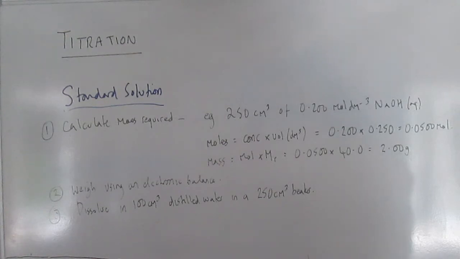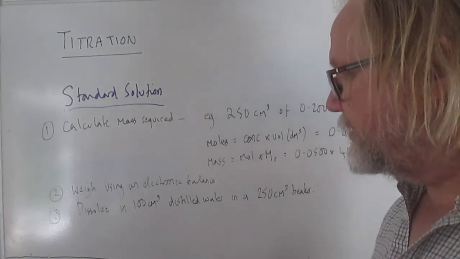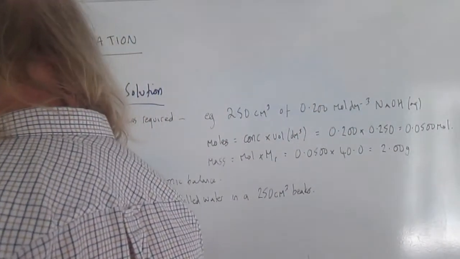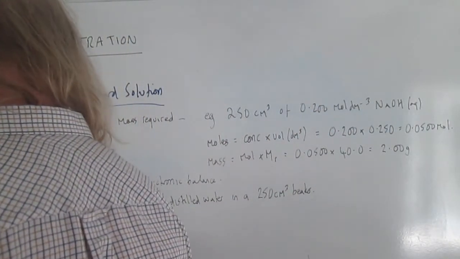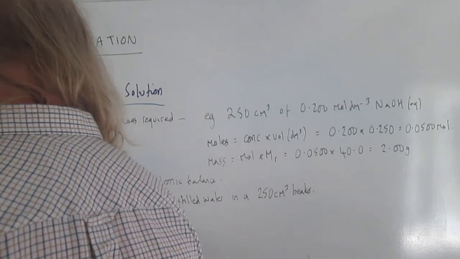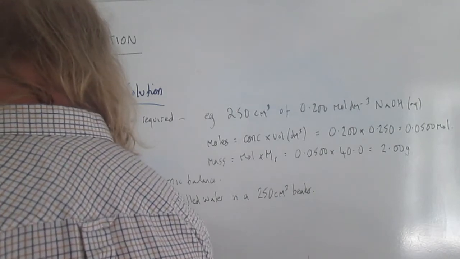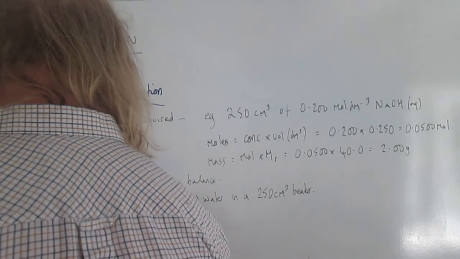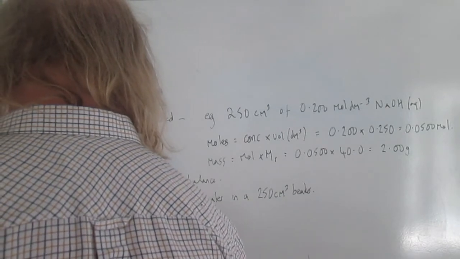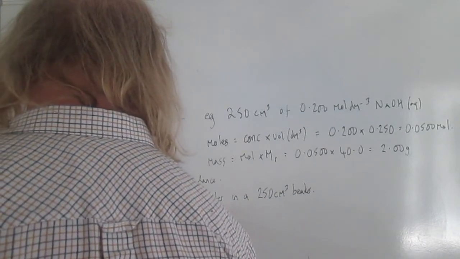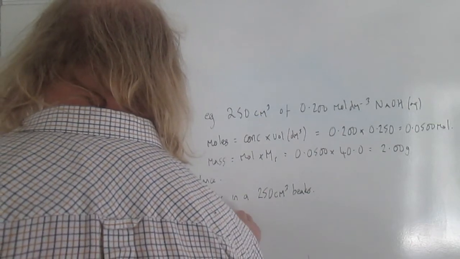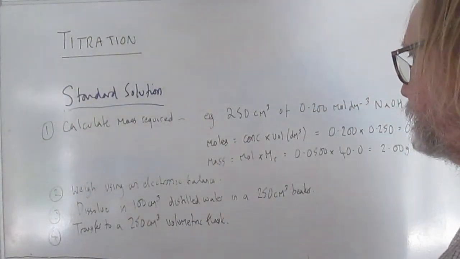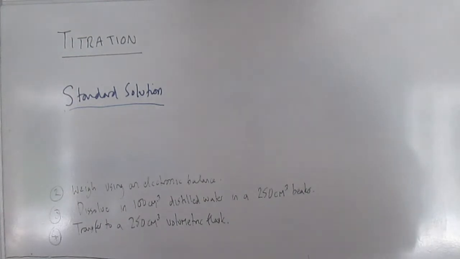Once you've dissolved it, what you then do is transfer to a 250 cm cubed volumetric flask. Now you need to recognise and possibly even be able to draw a volumetric flask.